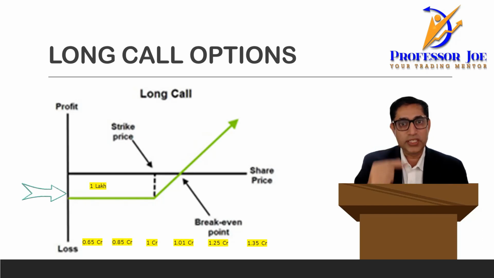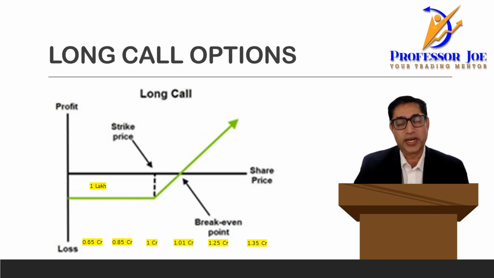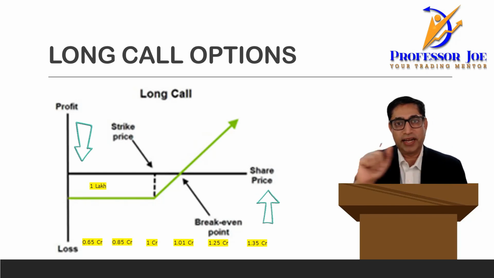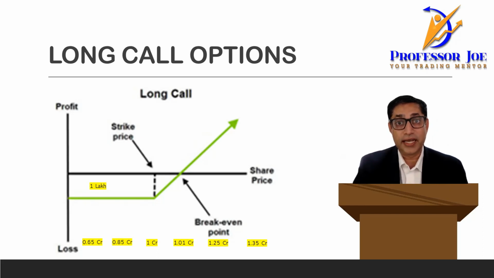And if it is below the zero line, then the option is in a loss. Basically, the option that you are entering into. And the price moves horizontally from left to right, the price goes higher. So on the left, the price will be lower, and on the right, the price will be higher. This is something that you should always remember when you're looking at a diagrammatic representation of an option.